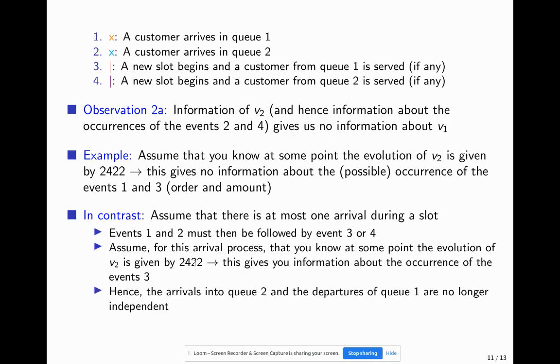So in this case, you do have some partial information about the occurrence of the events 3. This means that for this arrival process, the arrivals into the second queue and the departures from the first queue are no longer independent in this different time scale. So this illustrates that what we have for the global geometric distribution is very special and not obvious at all.